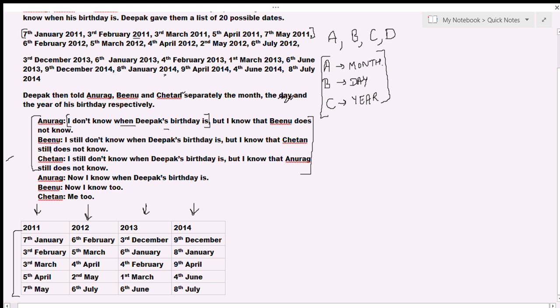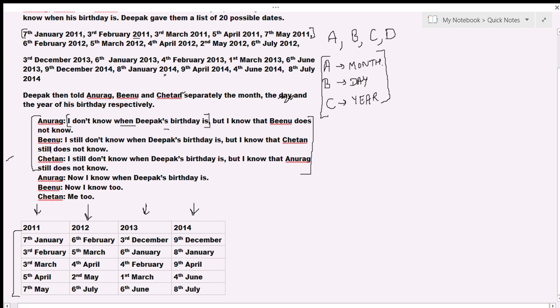It is pretty obvious that Anurag won't know because he has been told just a month. Suppose Anurag has been told that the month is January. If you notice carefully, January occurs thrice in the table: once in 2011, then in 2013, and then in 2014.